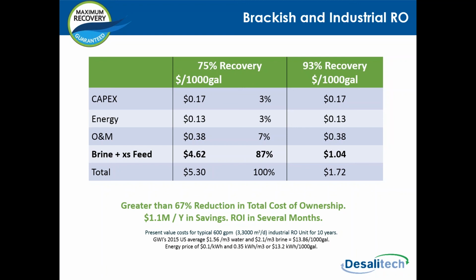If you're operating at 75% recovery, you're throwing 25% of the feed water away, and disposing of that to the sewer has a cost. Also, that additional water that you're paying for as feed adds up to 87% of the typical cost of ownership for industrial and brackish RO.